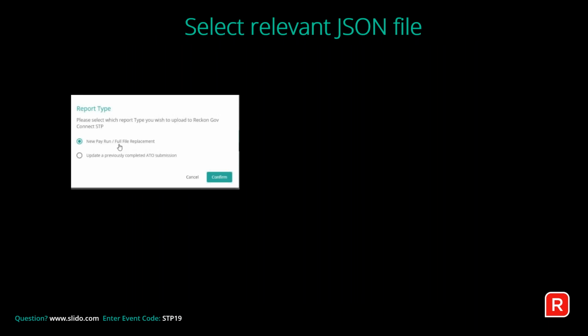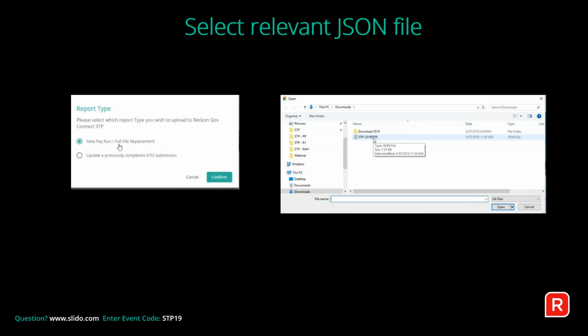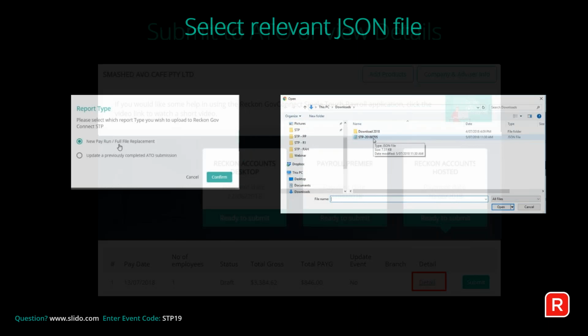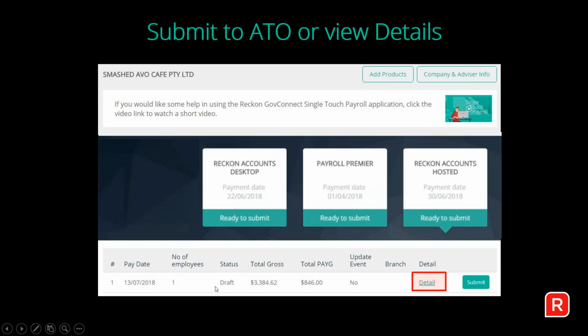Once you've selected upload, you select which report type you want, whether you want a new pay run or you want to update a previous submission. You select the JSON file, and then all the details and the data will be uploaded within Reckon GovConnect.